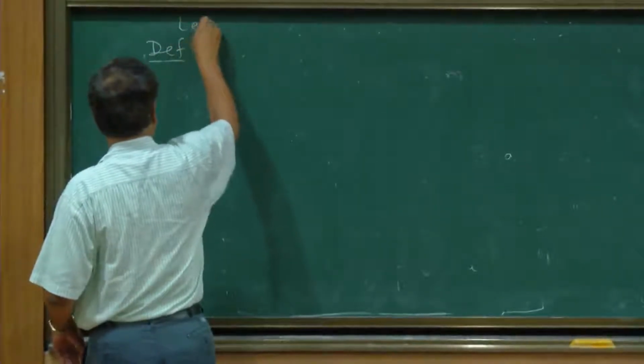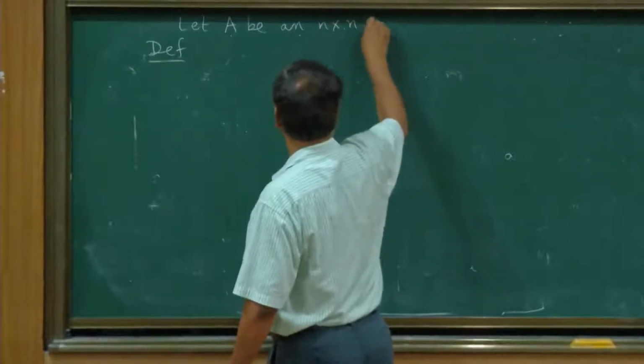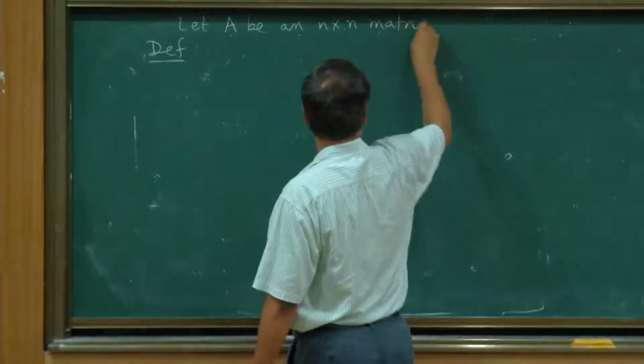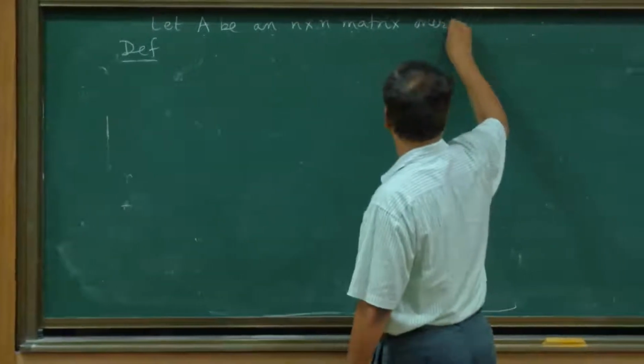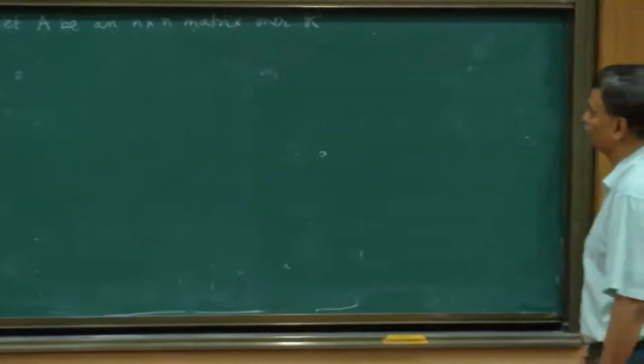So here, let A be an n cross n matrix over K. Over K means entries in the field K. Think of K as R or C if you like.